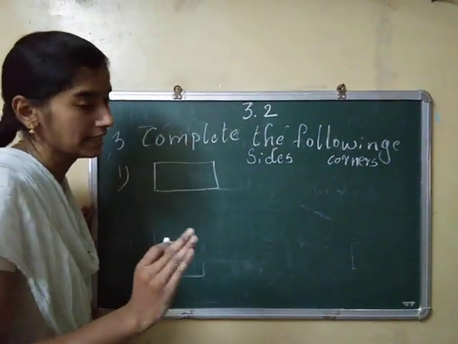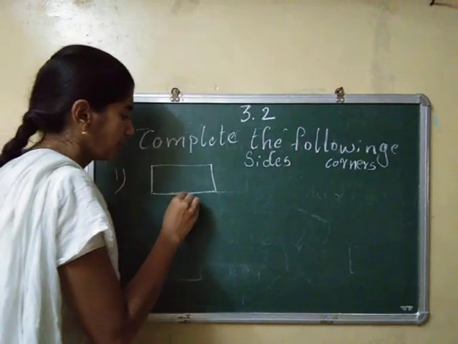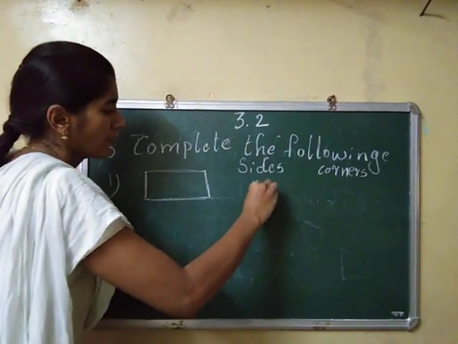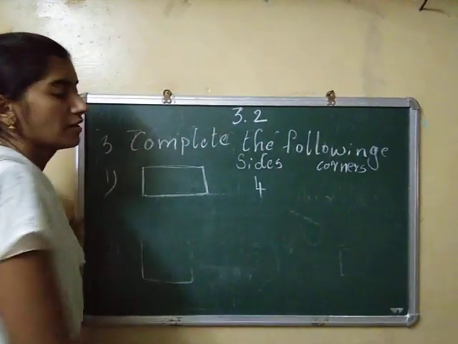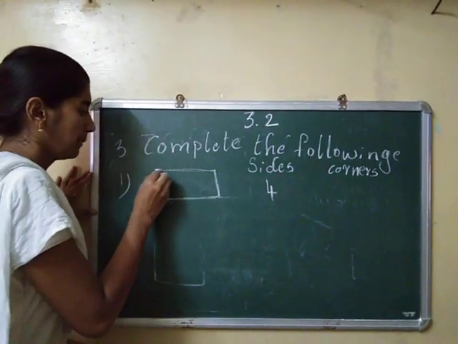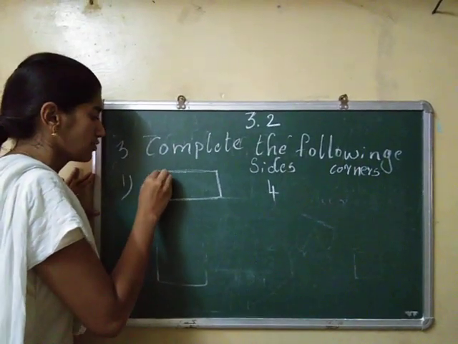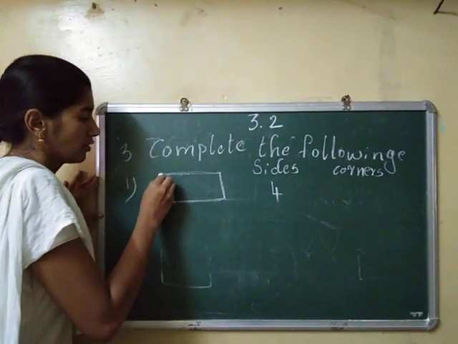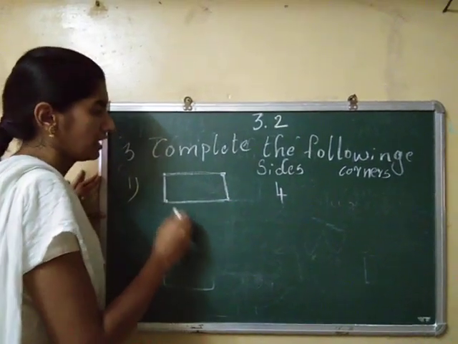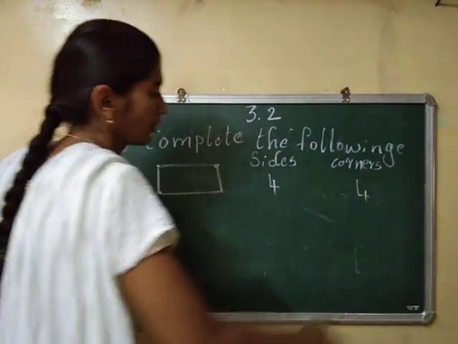Sides means straight lines. 1, 2, 3, 4. Here we have 4 sides. If we are coming for corners, what do you mean by corners? The meeting point. The meeting point of 2 sides is known as a corner. So here we have 1, 2, 3, 4. Here we have 4 corners.